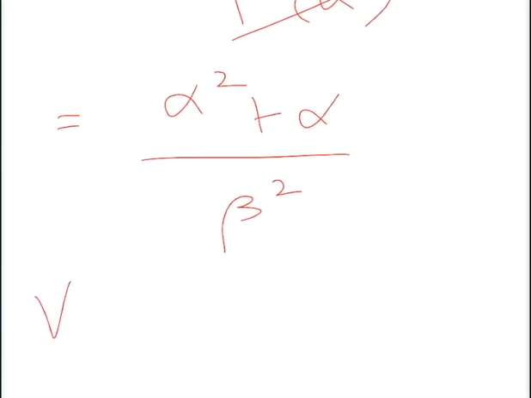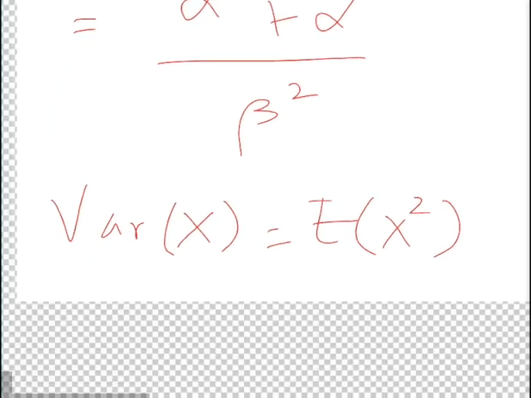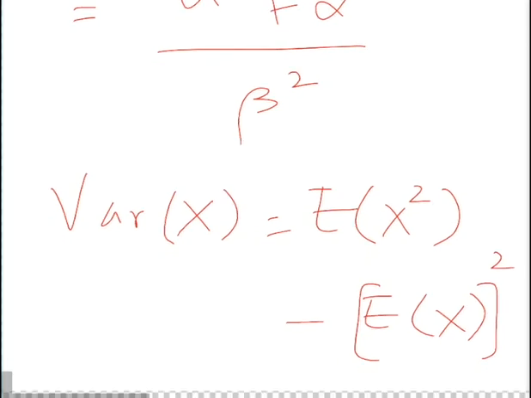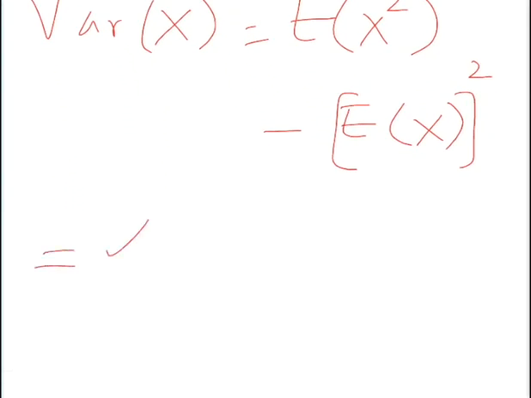Now the variance of x is what? Variance is E of x squared minus the mean squared. So using the values we just calculated, we get, and what is the mean squared?